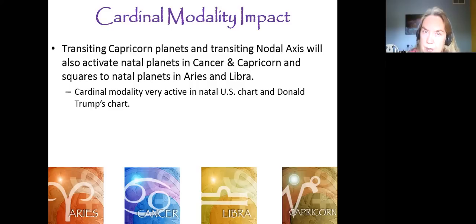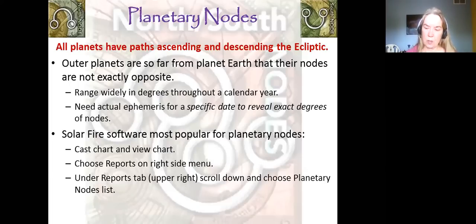Just so happens that cardinal modality is quite active in the United States chart and Donald Trump's chart. More on that later. But at this point, what I want to do is bring in the planetary nodes.